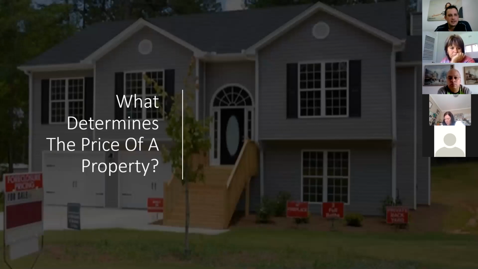Again, what determines the price of a property? Now, apart from the three things stipulated inside our presentation, there's one or two other things that do play a role. I want you to think a little bit out of the box, apart from past sales price, competition, and market statistics. What else do you think influences the price of a property? What your property offers.